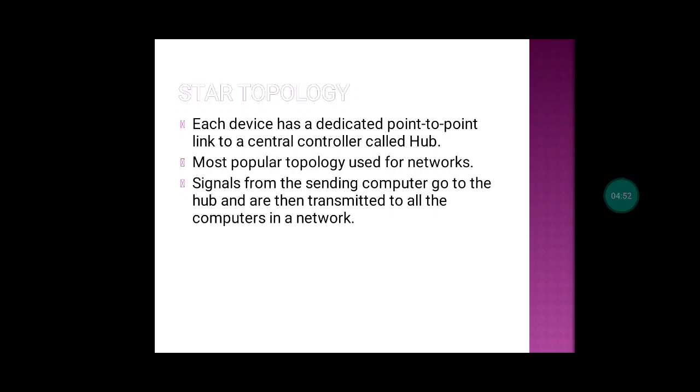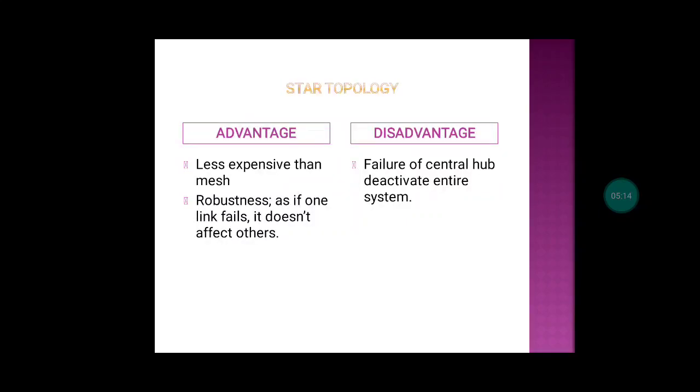Signals from the sending computer go to the hub and are then retransmitted to all the computers in the network. First the sender sends the signal to the hub, and then the hub retransmits those signals to the authenticated receiver.